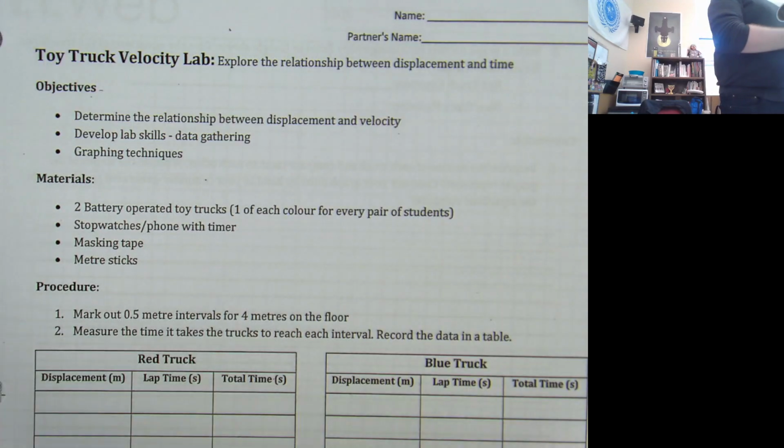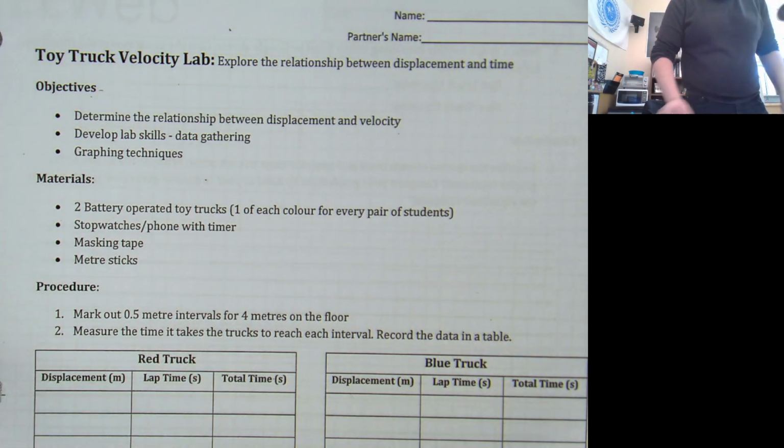Yes. You're going to be working in 2s or 3s for this. Don't worry, if your truck has a name, don't worry about it. Here is what you're doing. Toy Truck Velocity Lab. It's stuff that we've done before, but it's a practical exercise.